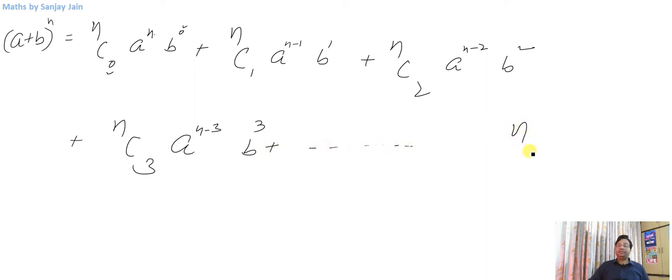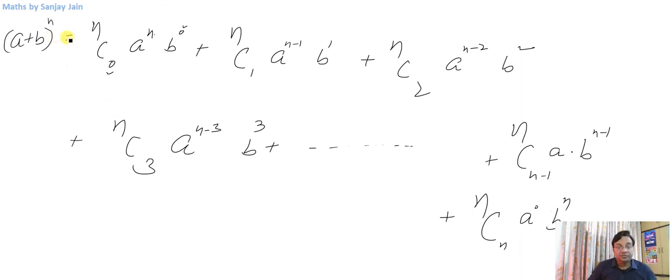When I've got nC(n-1), then I'll have b raised to power n minus 1 and only a here. And the next term, nCn, because beyond this I cannot go, b raised to power n, a will have 0th power.